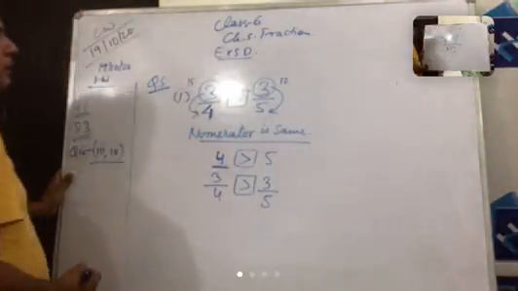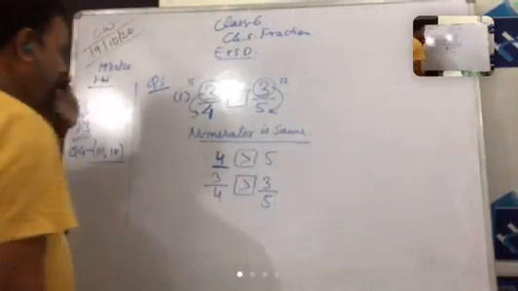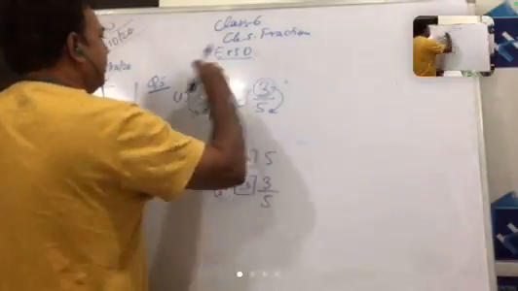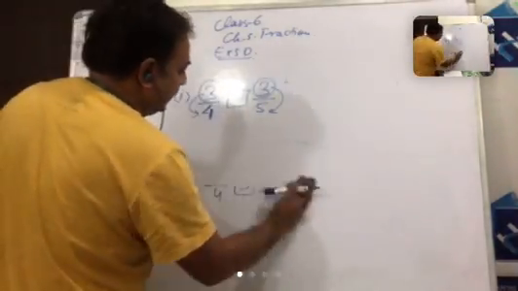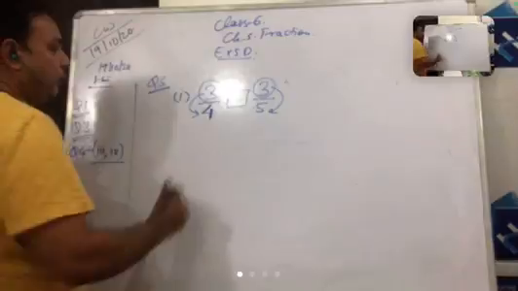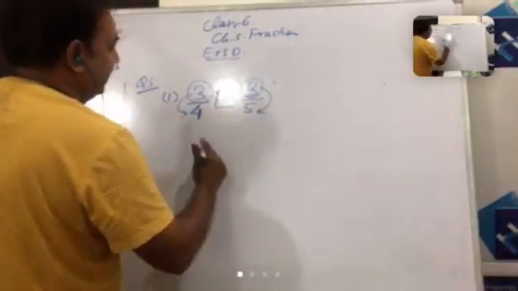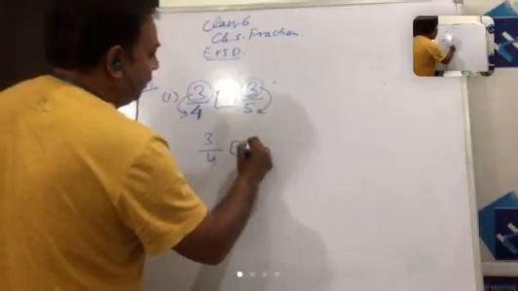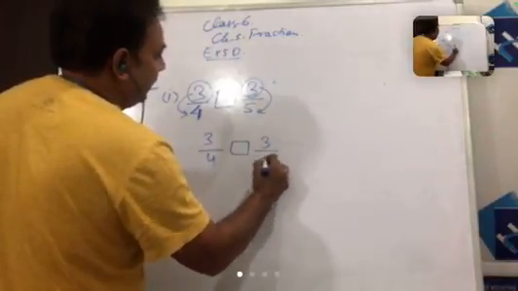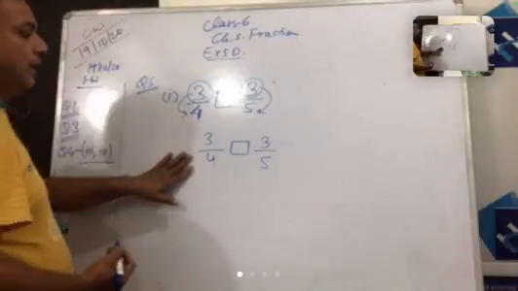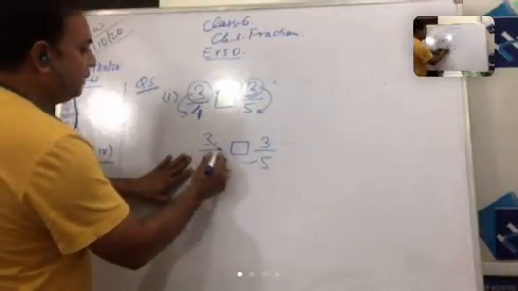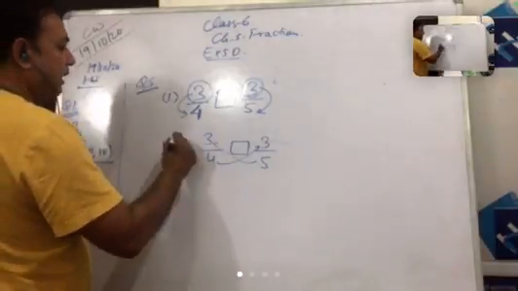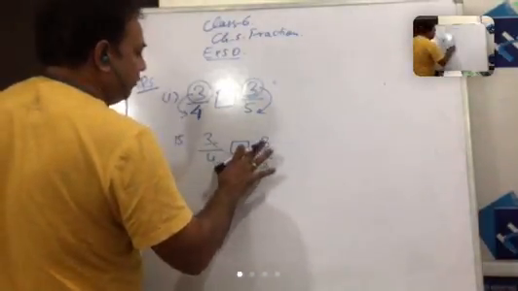If there is any confusion, you can check by cross multiplication. I have told you this so you can check first, because this is not the only way. If someone does not understand, there is another way; he or she has to check by doing another method. 3 5s are 15 and 4 3s are 12.